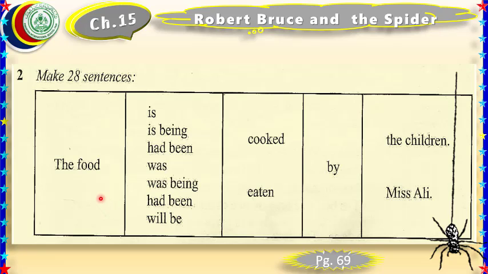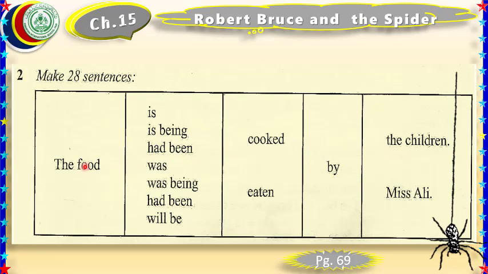Okay, our first sentence will be: the food is cooked by the children. Our second sentence will be: the food is being cooked by the children. Our third sentence will be: the food had been cooked by the children.